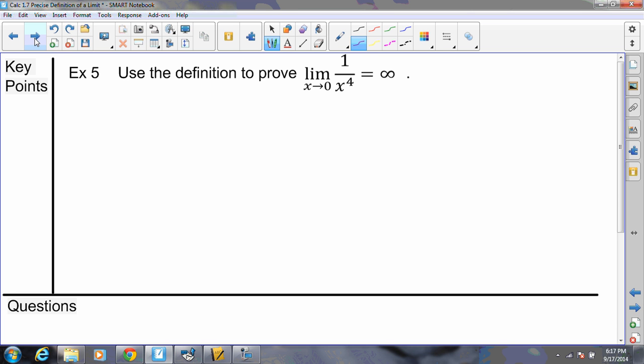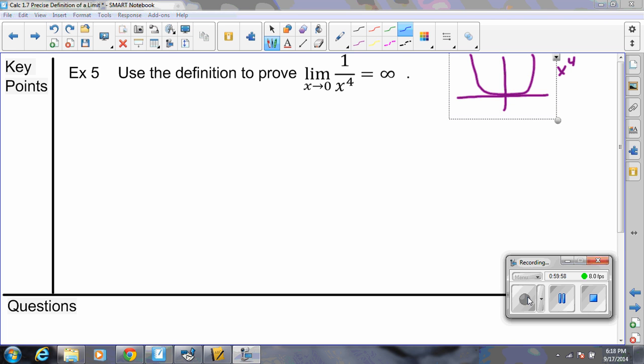Please remember the graph for this, and since this is scratch work, I should put it off to the side here. The graph for this looks like a flattened out parabola. This is the graph for x to the fourth. Well, when you start dividing by numbers that are less than that, the graph will be altered.